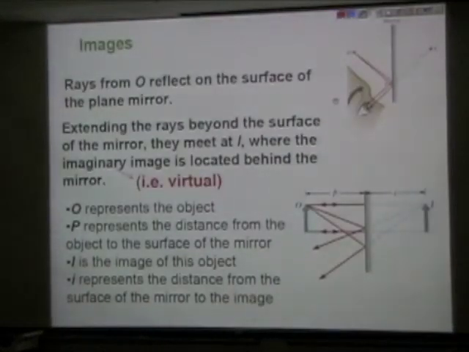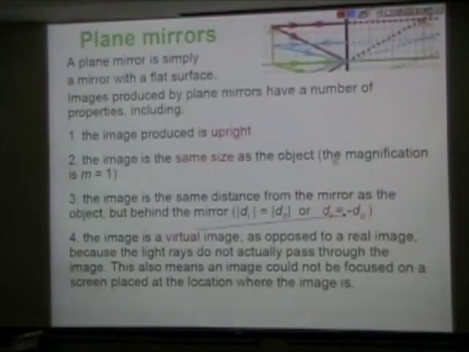Well, now, when an image is virtual, it means it is not formed by actual light rays. It is formed by extensions.